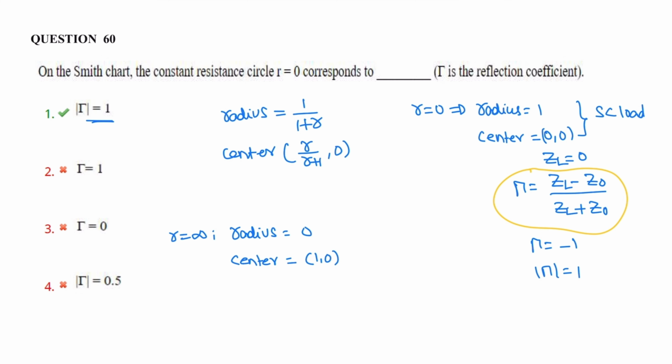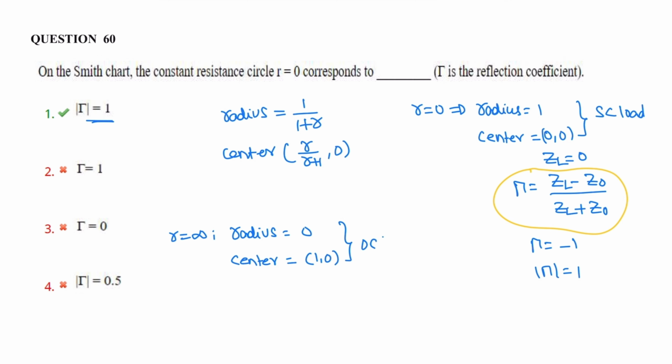Take r common: r into 1 by r into 1 by 1 plus r. This r gets cancelled, so replace infinity here. 1 by infinity is 0, 1 by 1 is 1. So center is 1 comma 0. In this case, it represents open circuit load.